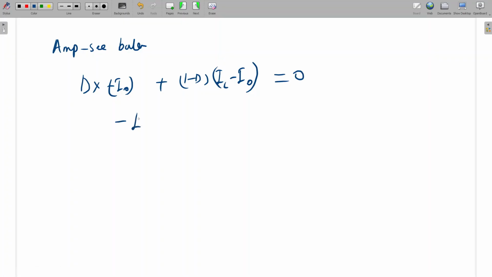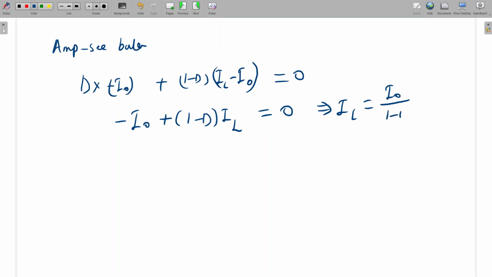So minus I naught plus 1 minus D times IL is equal to 0. And here we can write that IL is equal to I naught by 1 minus D. I naught we can write as V naught by R. So further we can write V naught by R into 1 minus D. This will be the second equation. Up to now it is clear to all?